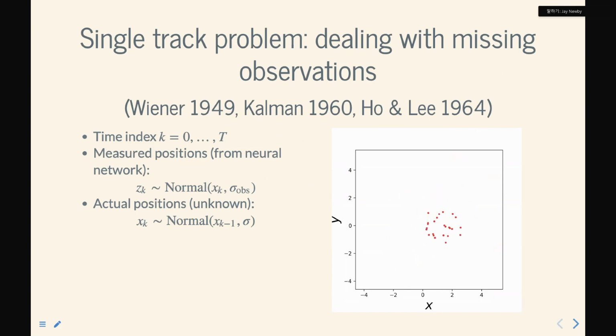The great thing about a state space model is I have statistically defined a distribution for the position at any time. In between two observations, before the movie starts, after the movie ends, I can sample the position at any time. That's pretty cool.